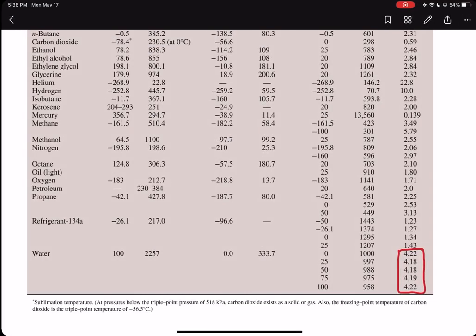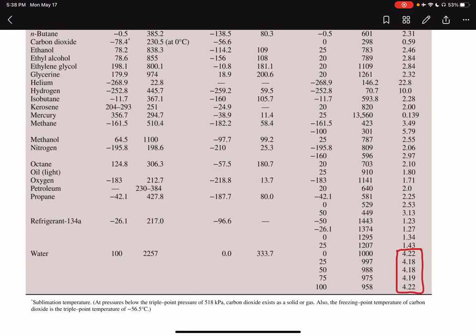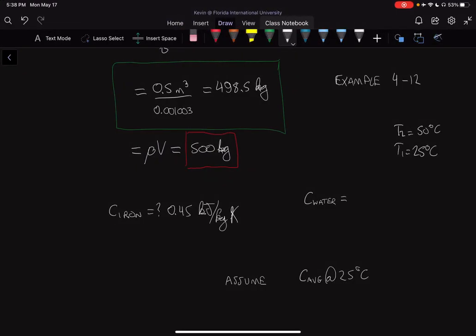And if you look at the value for 25 and 50, you actually get the same value, so there's not that big of a difference. So C average for seawater at 25 degrees is equal to 4.18.